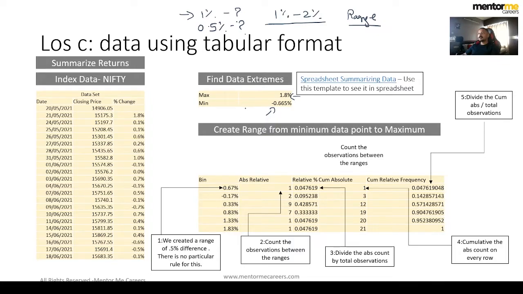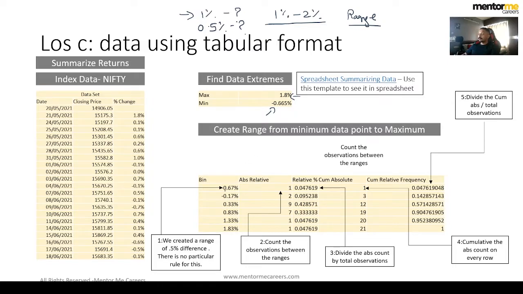So if I were to now create a range, I would start with negative 0.67 as my lowest point of analysis and 1.83 as my highest point of analysis, right? Now in a spreadsheet, of course, it's very easy to do this because you can use different functions, which I'll show you quickly. But for the purpose of explanation, first let's get the concept clear, okay?